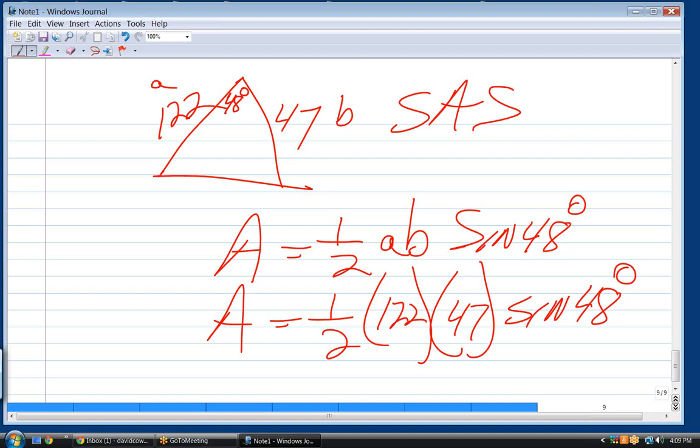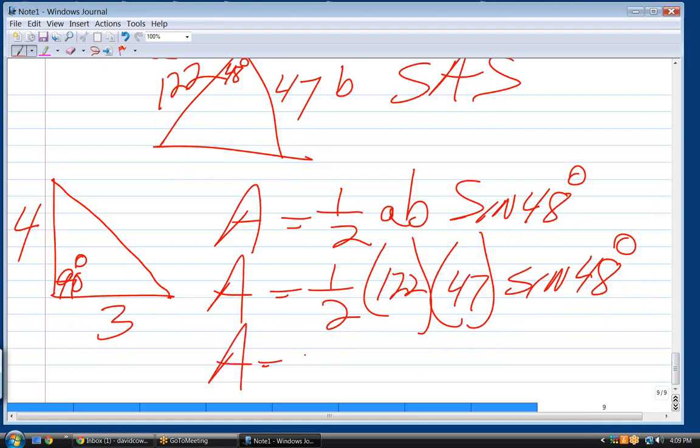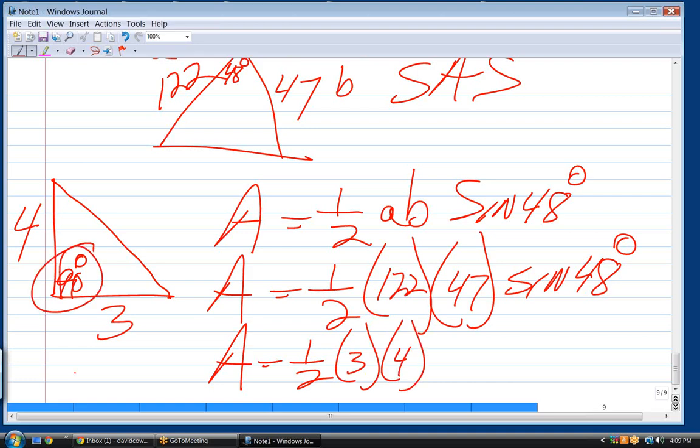Now, let me just point this out. Because sometimes it helps to remember it, if you remember this. If this is 90 degrees, and I knew this side was 3 and this side was 4, yeah, my area would be 1/2 times 3 times 4 times the sine of 90 degrees, which is 1.